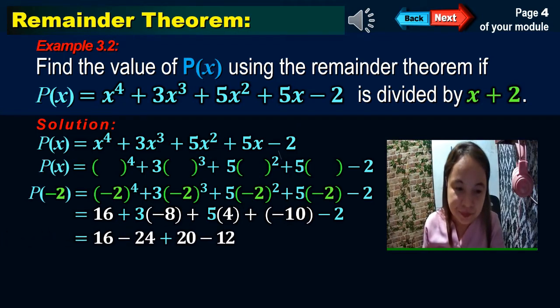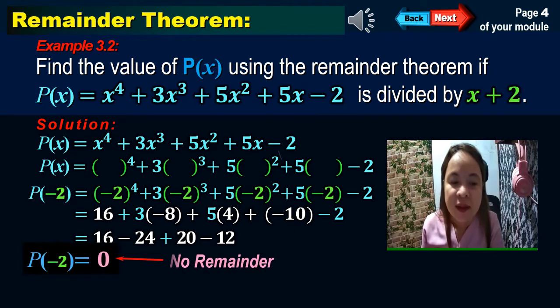Simplify. So bring down 16. 3 times negative 8, you have negative 24. 5 times 4, you have 20. Negative 10 minus 2 is negative 12. Then let us add 16 minus 24 plus 20 minus 12. The answer is 0.